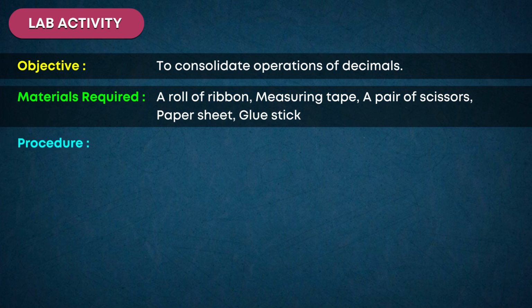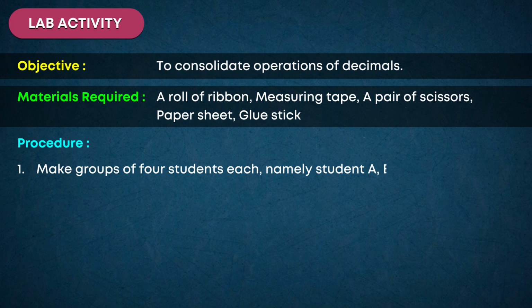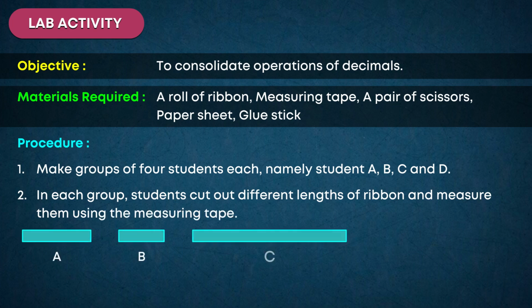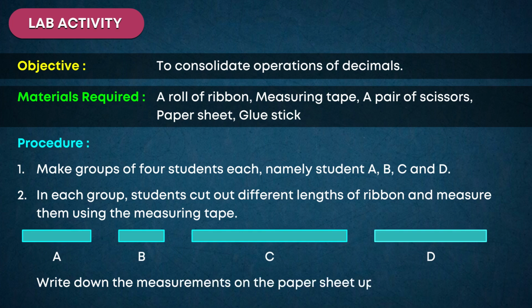Procedure: 1. Make groups of 4 students each, namely student A, B, C and D. 2. In each group, students cut out different lengths of ribbon and measure them using the measuring tape. Write down the measurements on the paper sheet up to 1 decimal place.